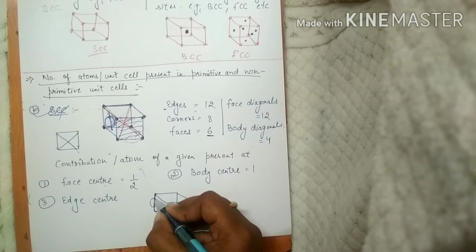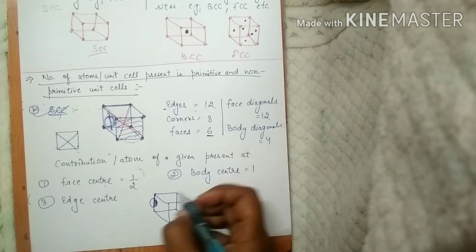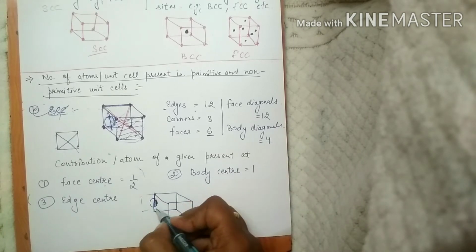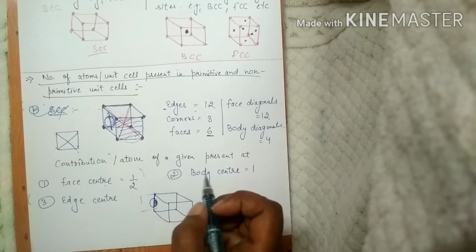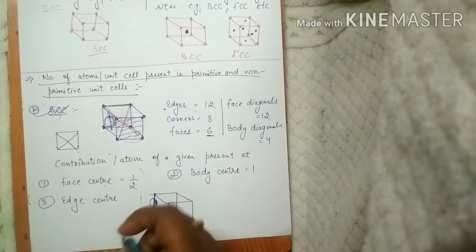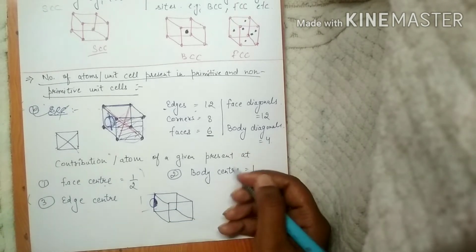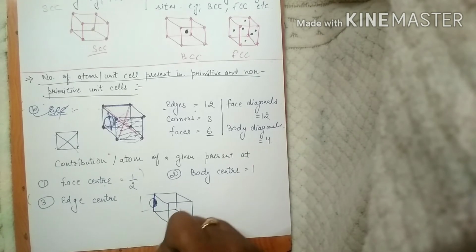A full atom is present at this edge. So only 1/4 of this atom is going to be inside this cube. The remaining will be shared by three other unit cells. So only 1/4 of the atom is shared by this unit cell.